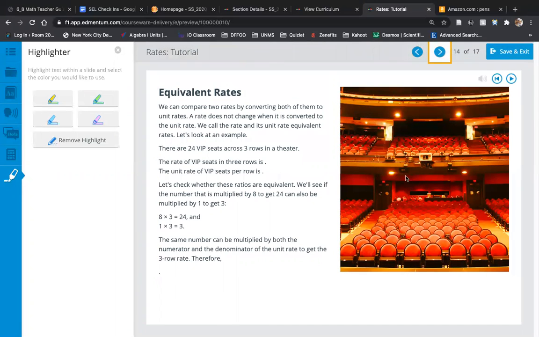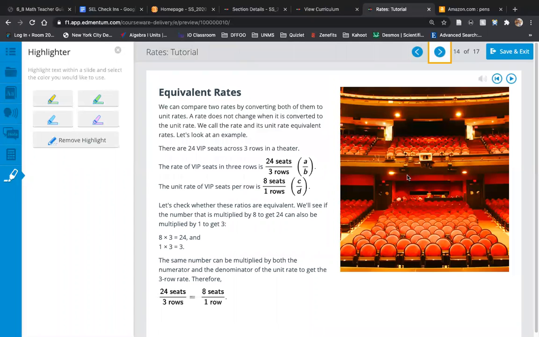Next thing is talking about equivalent rates, and we also talked about this last week when we were talking about ratios, right? So sometimes you might see different fractions that are rates, and it asks you if they are in fact the same ratio or not. So you think about scaling up or scaling down, right? It's usually easier to think about scaling upwards.